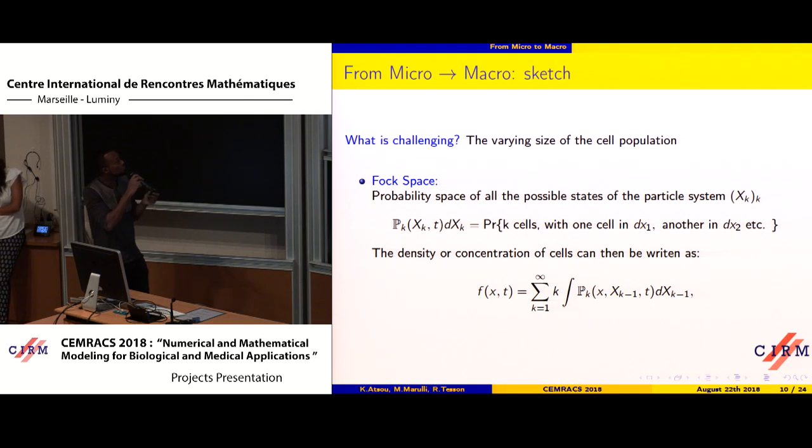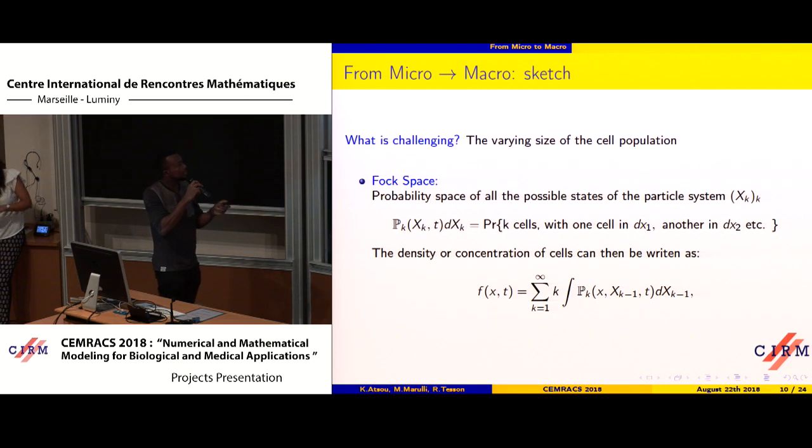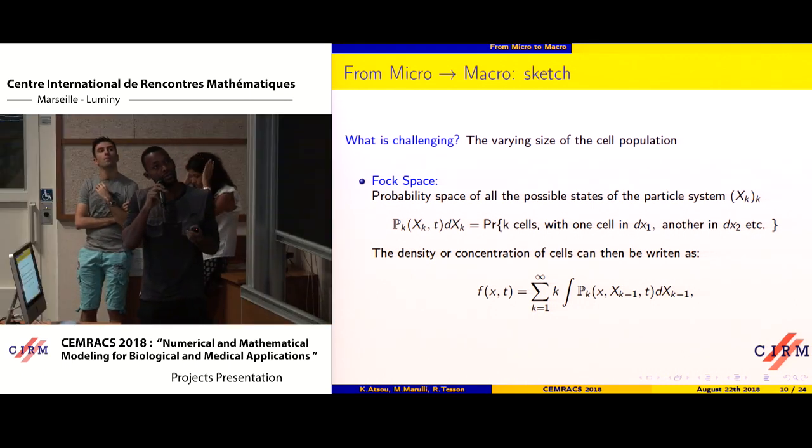So we need to introduce a new probability space, which is the space of all the possible states of the particle system. We denote this state by a vector S_k, the vector containing all the positions of the particles. At a time t, we suppose that we have k particles in the system.